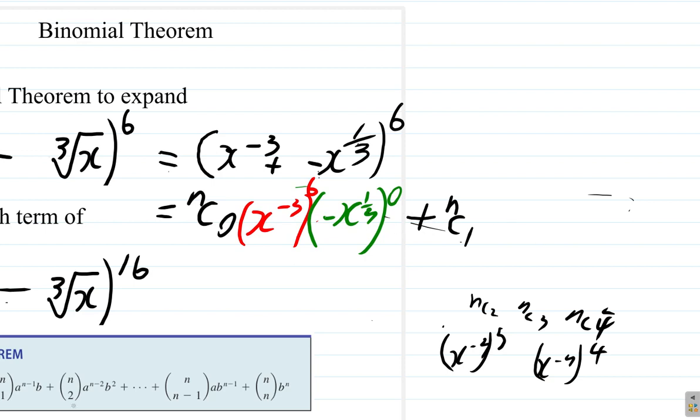So here, you have nC1. Then you have x to the negative 3 raised to the power of, you go down from 6 to 5. When it comes to negative x to the 1/3, you go up from 0 to 1. See that?